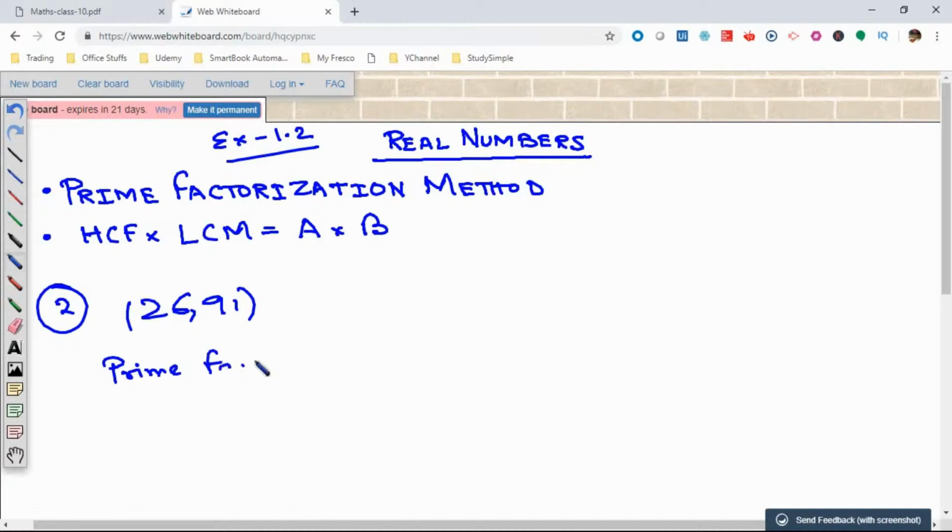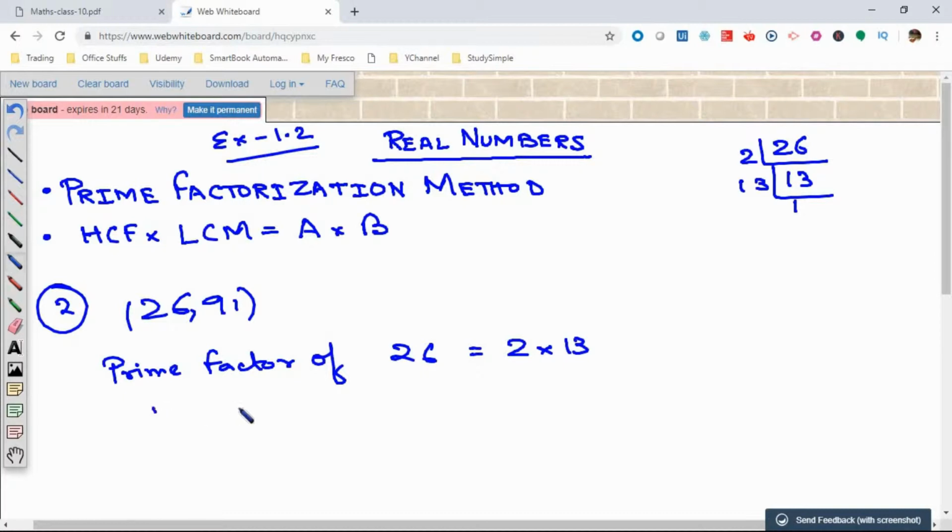Now let me find the factors of 26 and 91. The prime factors of 26 are 2 and 13, since 13 is not divisible further. We skip the 1, it is not required. The prime factors of 91 are 7 and 13, so it is 7 into 13.